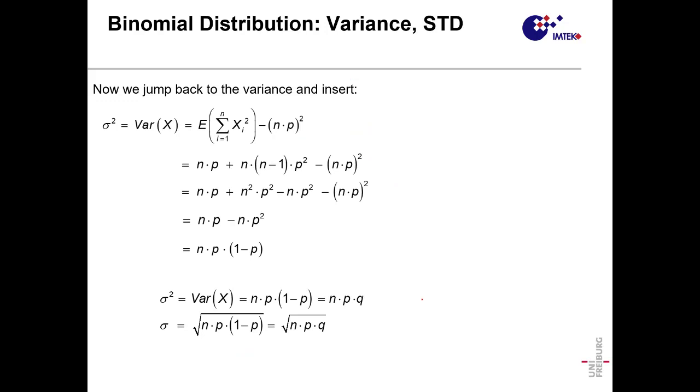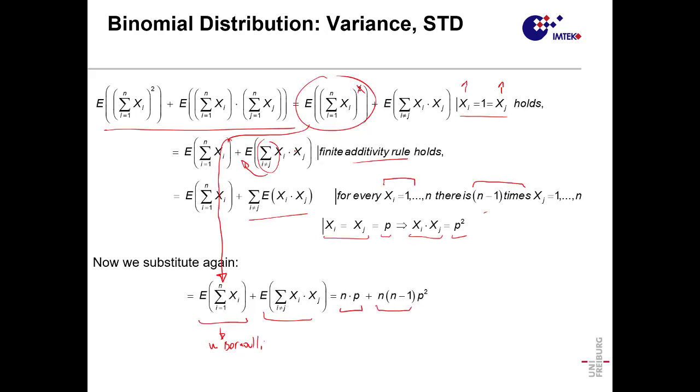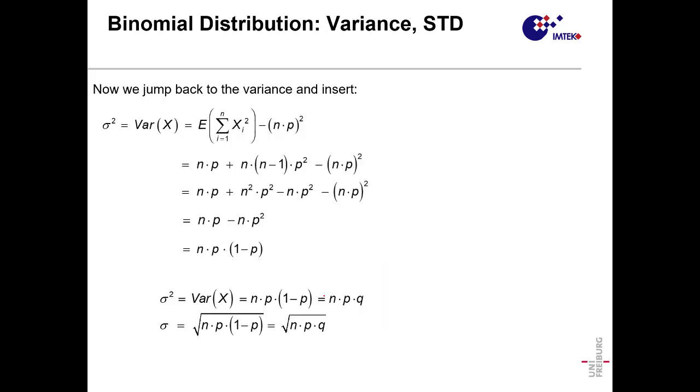So now if we replace this guy here, and we already have solved this part, then we can calculate the variance. And if you solve from here to here, you end up with n times p times (1 minus p).